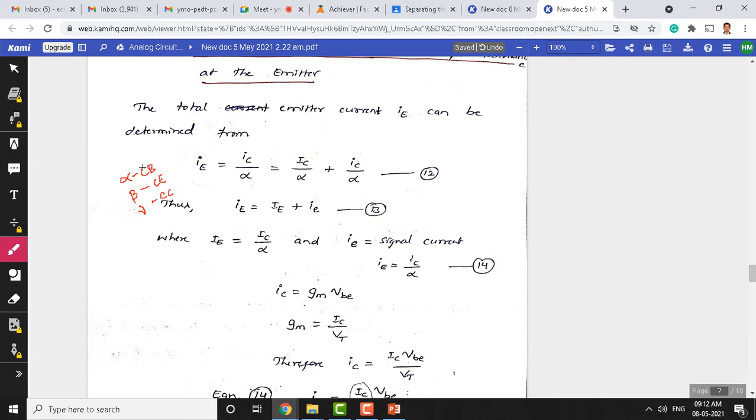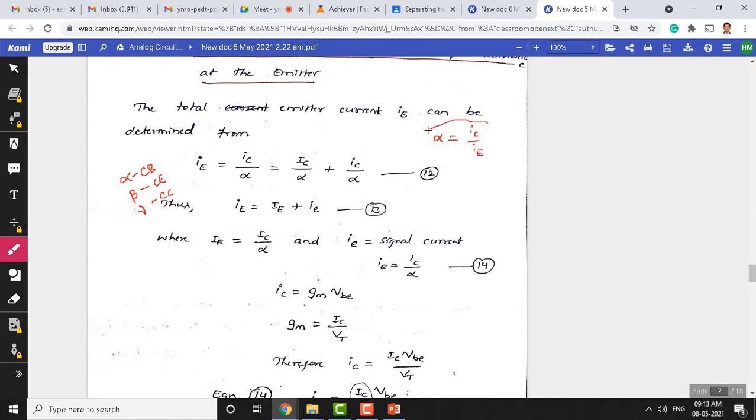In common base configuration, the output current is the collector current and the input current is the emitter current. So alpha is the current gain: alpha is equal to IC by IE. This is the definition of alpha.